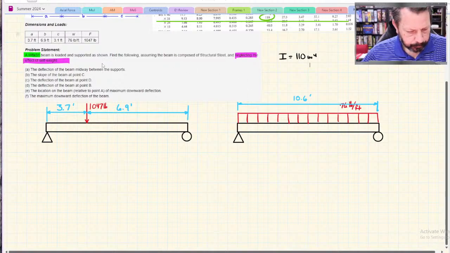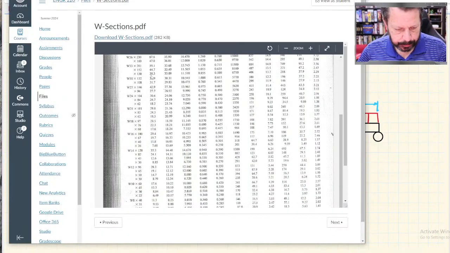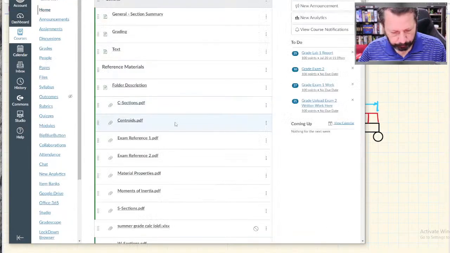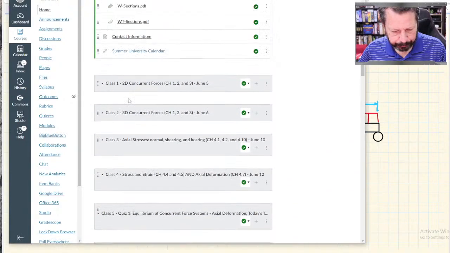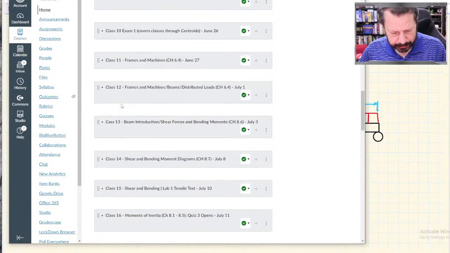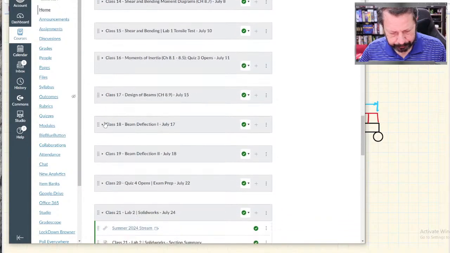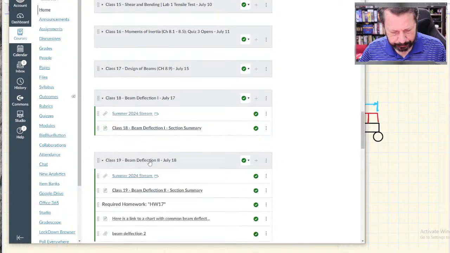Okay. Now we need our beam deflection equations. So I think we're done with this. I don't think we need it for anything else. I think the clearest set was in the second one.